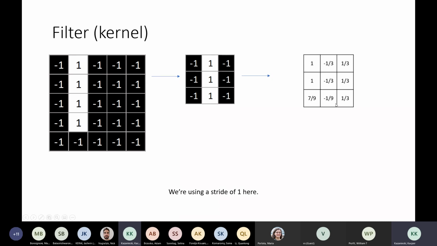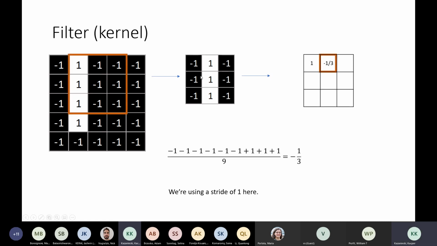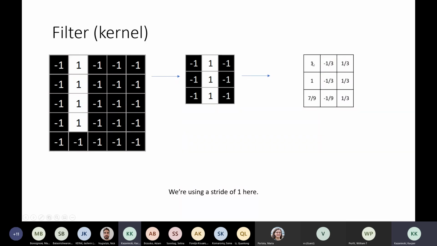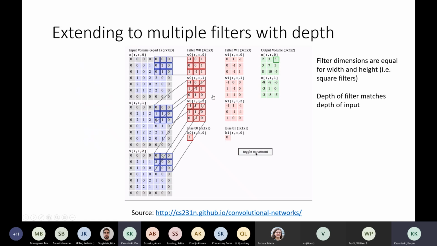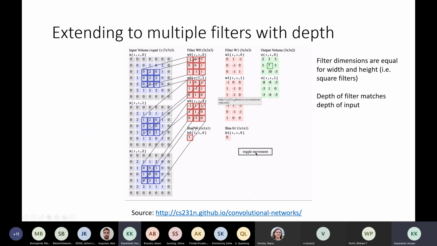As you can see, they roughly correlate to how well the block we are matching here matches the filter we're using. So we have the perfect score of 1 and 1 in the top left. Hopefully that makes sense. Then we could extend it to multiple filters with depth.